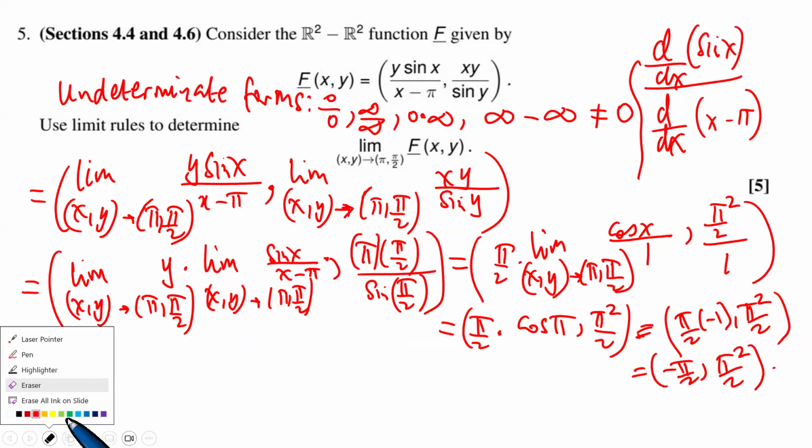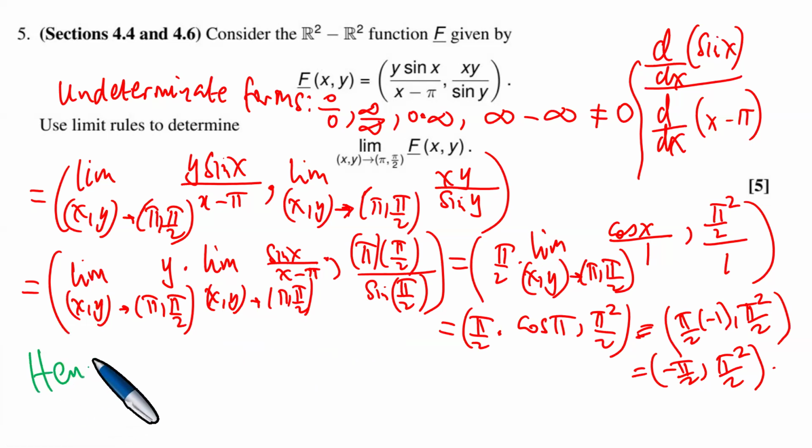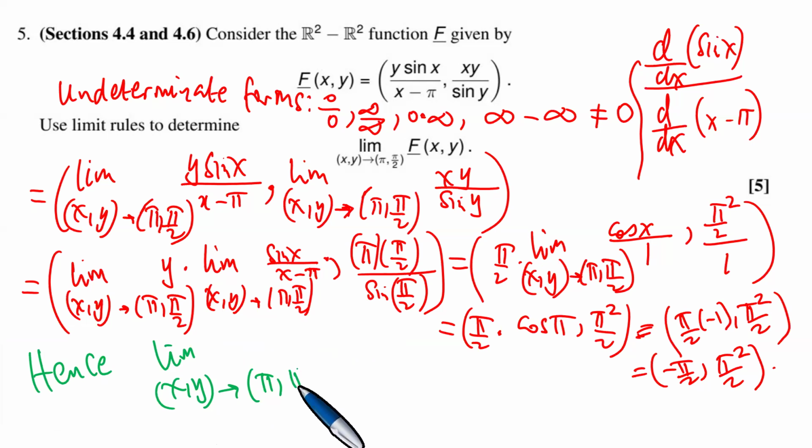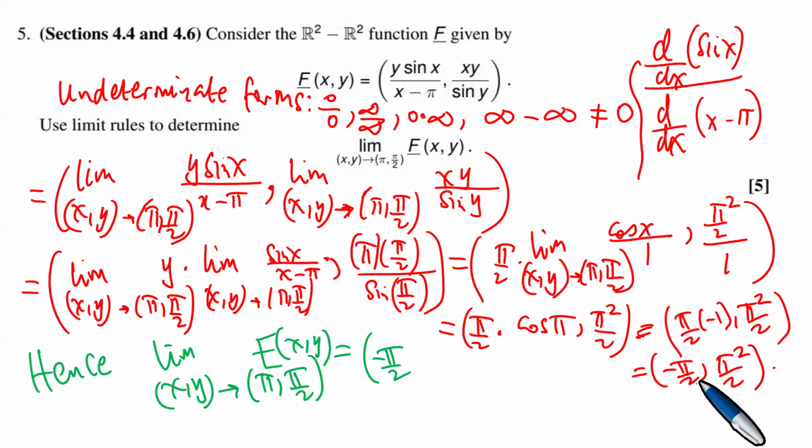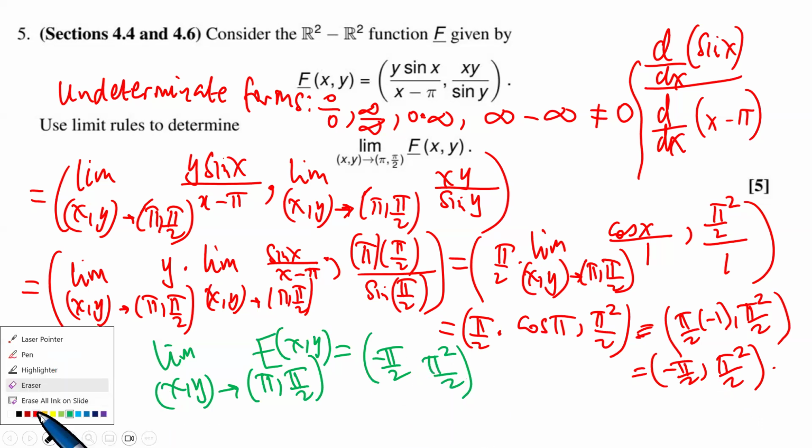Hence, the limit as (x, y) approaches pi over 2 of f(x, y) is minus pi over 2 times pi squared over 2, and this here is the limit that they wanted.